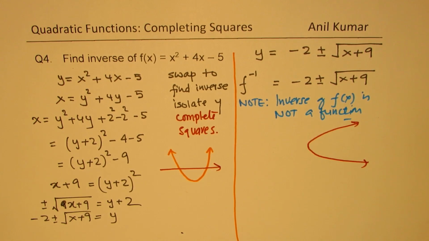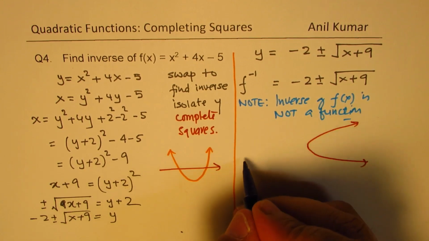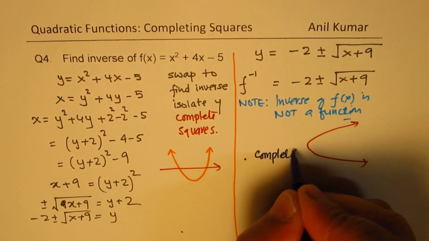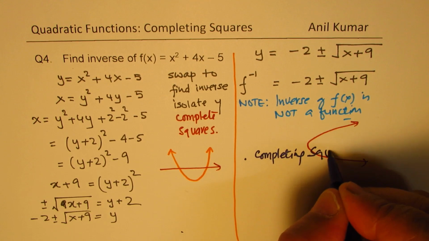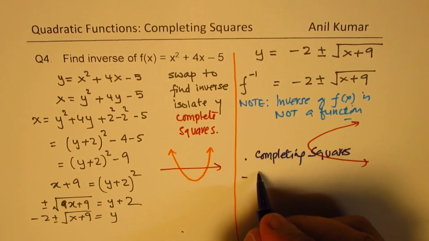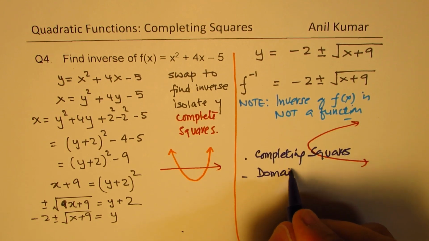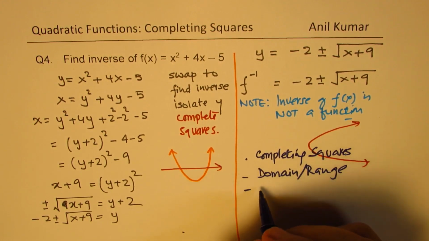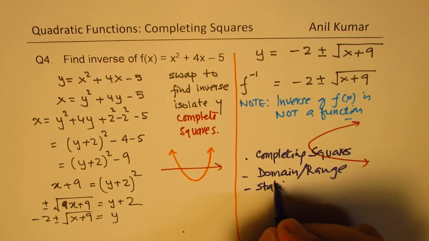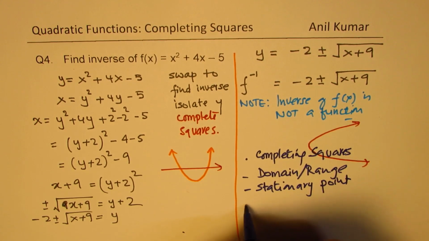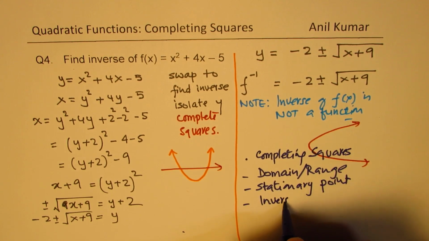Well, in this exercise, we learn a couple of things. Let me summarize. So we learned the method of completing squares. And it finds huge applications, and one of these applications is to find domain and range, to find stationary point, and also to find the inverse of a function.